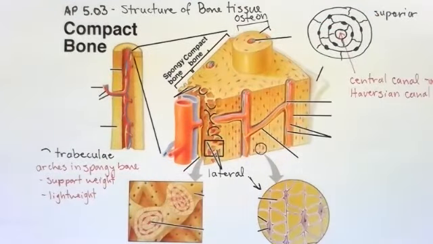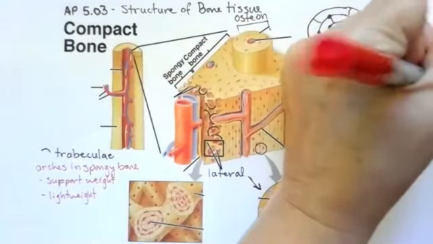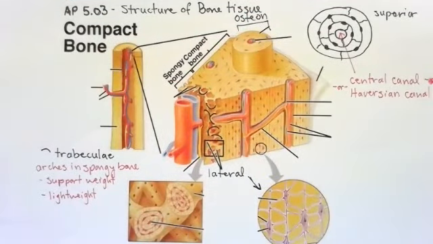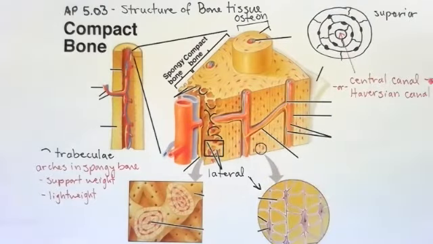I kind of see these interchangeably, so I see it both ways, even in textbooks today. I think Haversian must have been one of the guys that discovered this, because sometimes these are called a Haversian system. But that's the central canal.